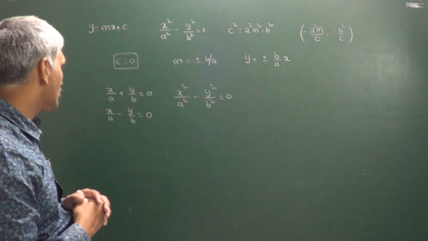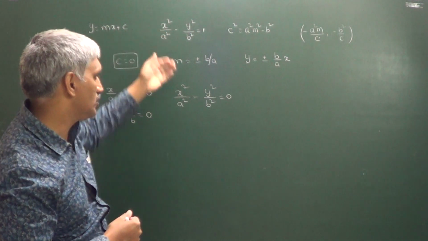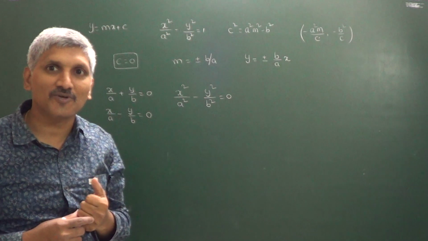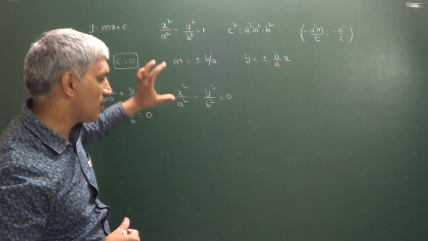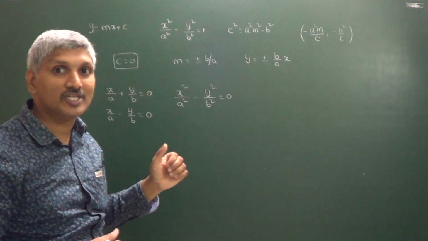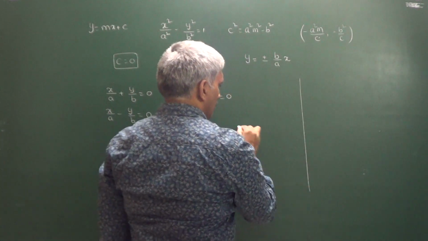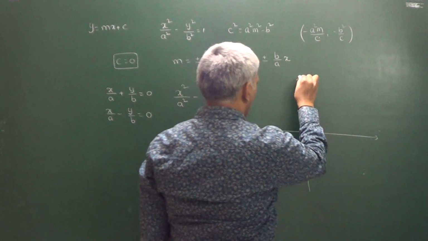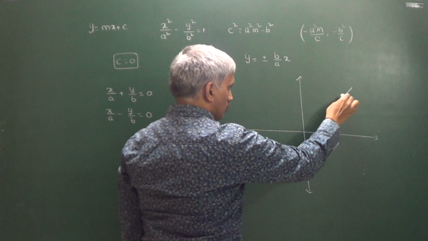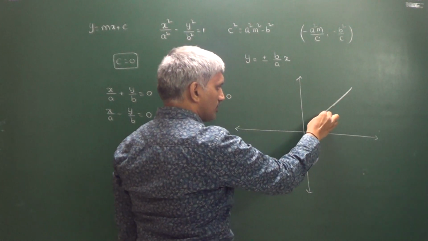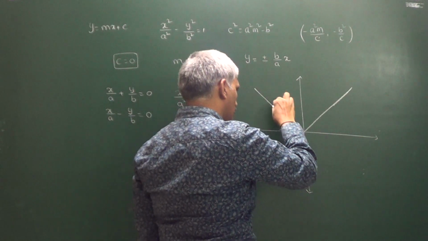Now for this hyperbola we got the asymptotes as this. But what about the asymptotes for the conjugate hyperbola? The hyperbola and the conjugate hyperbola have the same asymptotes. Now you can observe here that asymptotes always pass through the center of the hyperbola.